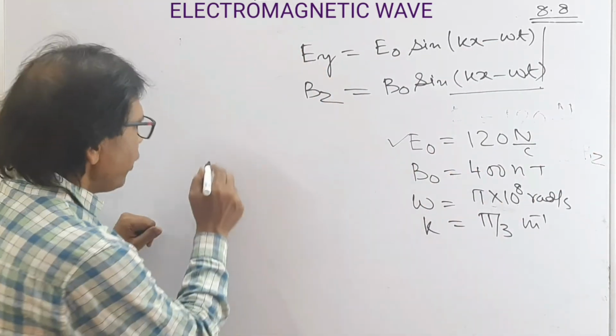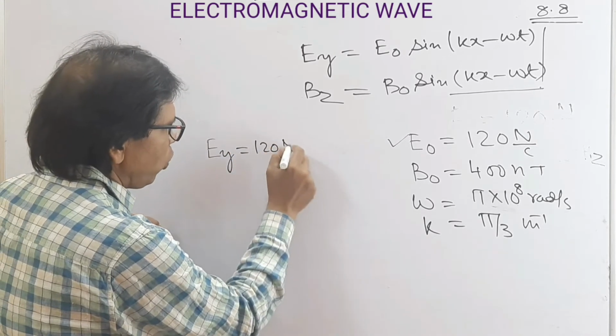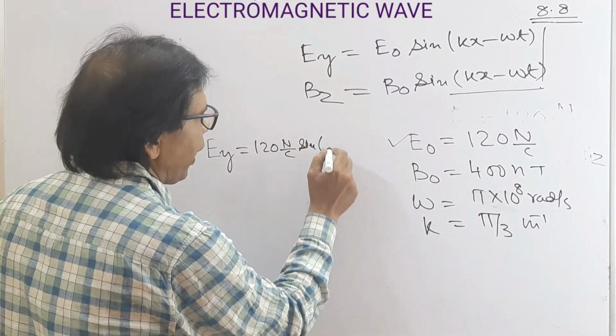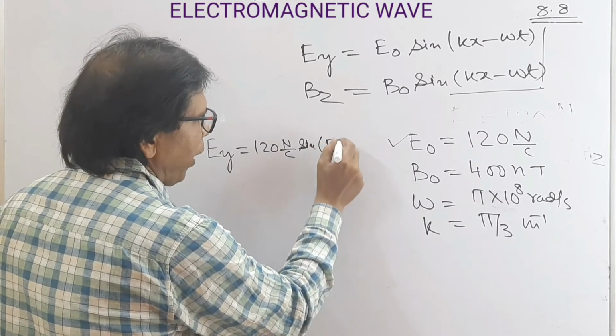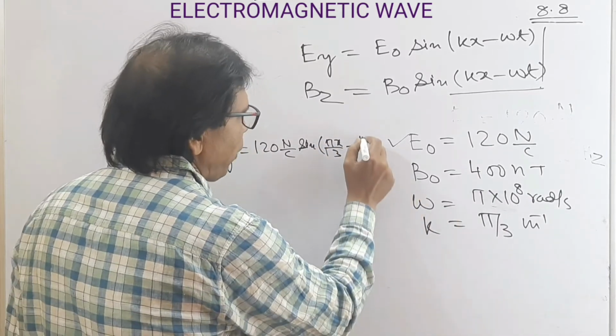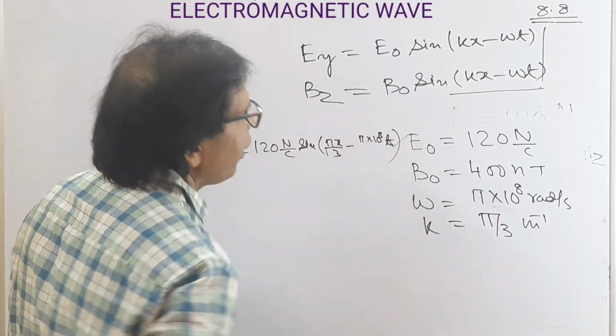So look at this, Ey equals 120 Newton per Coulomb sine, this is sine of pi x by 3 minus omega t, where omega means pi into 10 to the power 8 into t. Okay.